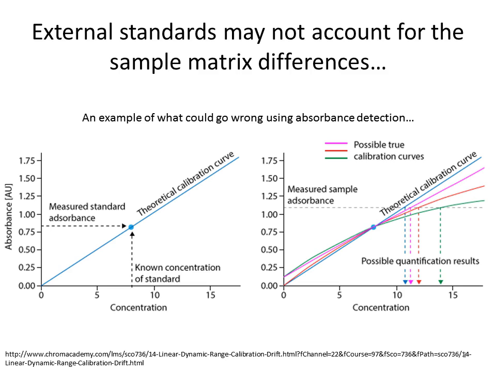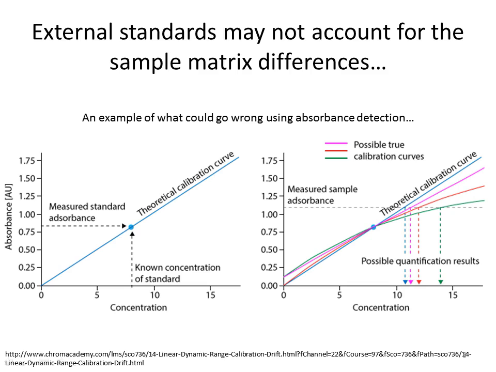So the other issue about external standards is that it may not account for sample matrix differences. And again, this is another example using absorbance. It says absorbance, but we see similar effects with mass spectrometry. And yesterday we showed examples of this. Here, like the green plot, for example, would be similar to what we see with saturation. We would see the response of the peptide go up and then plateau because the detector can't continue processing the information it's getting because it's saturated.